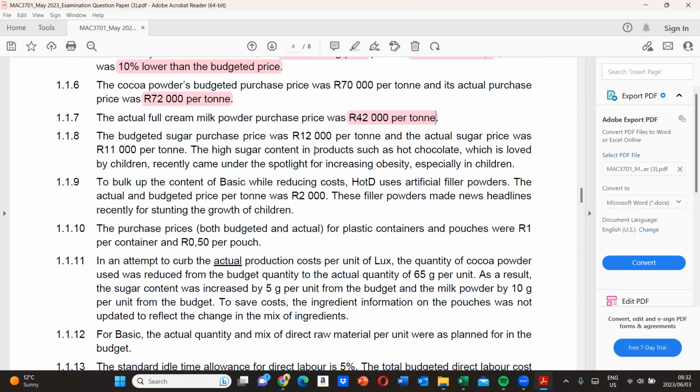The high sugar content in products such as hot chocolates, which is loved by children, recently came under the spotlight for increased obesity, especially in children. To bulk up the content of basic while reducing cost, Hot D uses artificial filler powders. The actual and budgeted price per ton was 2,000.